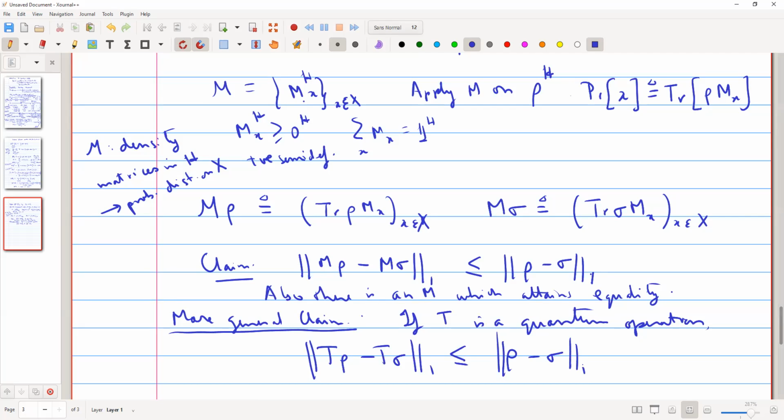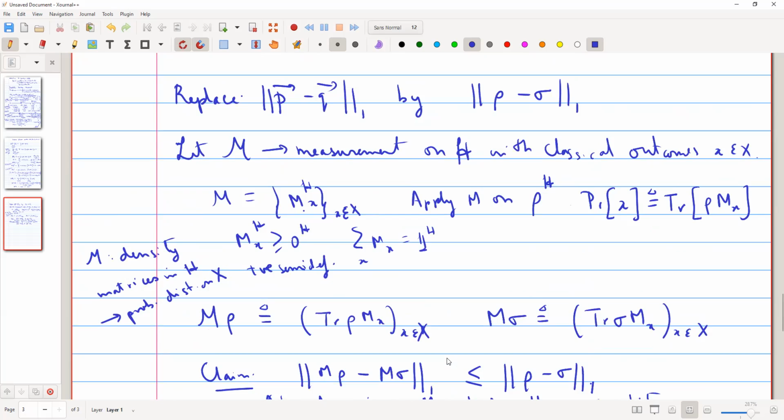This is actually a type of data processing inequality already. This says that quantum operations cannot increase distinguishability. The Schatten L1 distance between two density matrices is a notion of distance, like norms are. So quantum operations cannot increase the distinguishability.